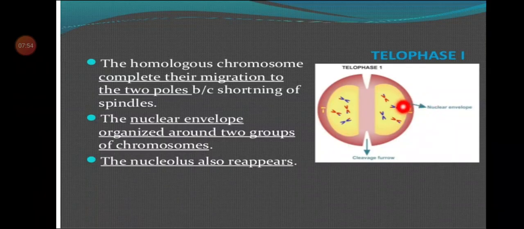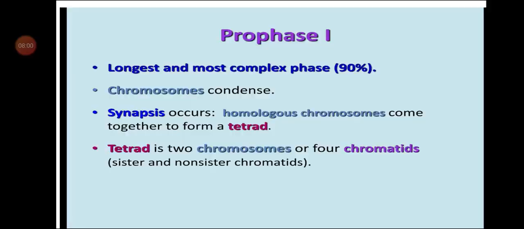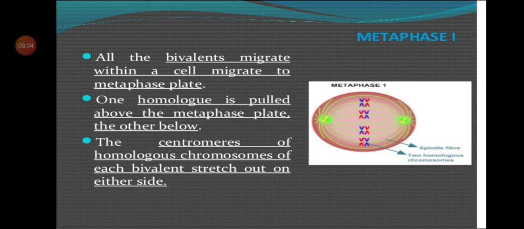So what is happening exactly? In prophase 1, the chromosomes are getting condensed. In metaphase 1, the chromosomes are moving to the equatorial plane. This is the main punch point that you have to remember.